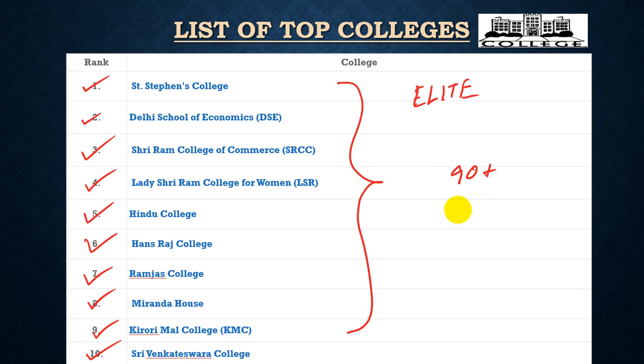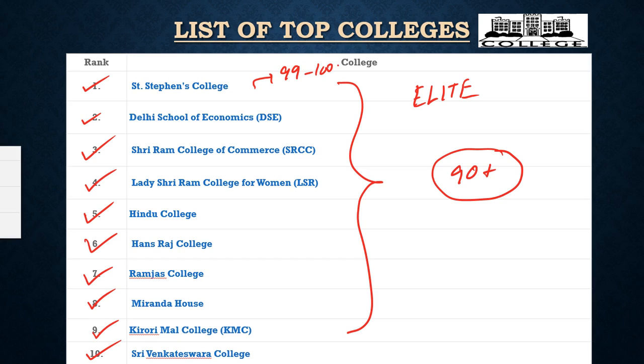Usually it's on the higher spectrum of 90, since St. Stephen's College expects around 99 to 100, and accordingly these colleges vary, but the usual marks are around 90% of your aggregate as well as your mathematics marks.